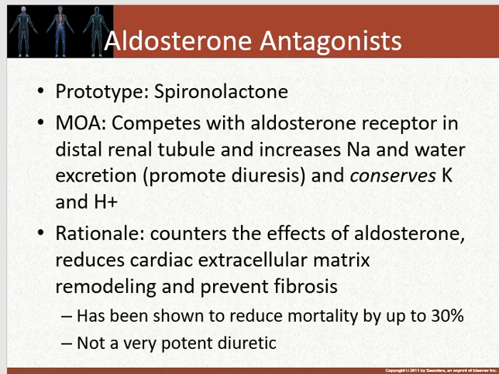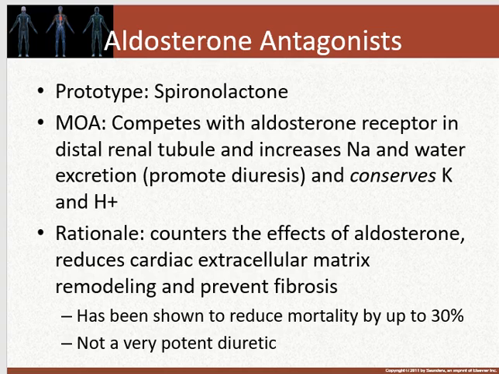And so the rationale here is essentially to counter the physiological effects of aldosterone, and that's going to have different therapeutic targets in terms of systolic heart failure. We're going to reduce cardiac extracellular matrix remodeling. We're going to prevent fibrosis of the ventricular muscle. And these drugs are actually quite potent.